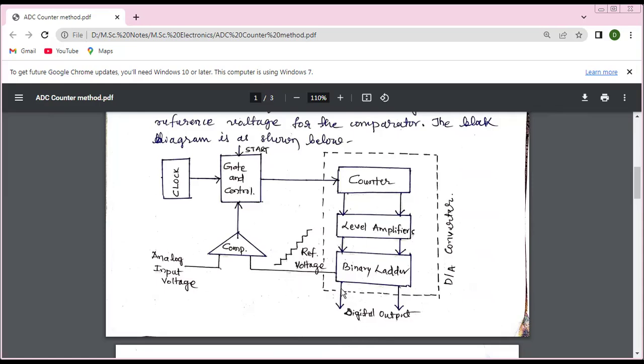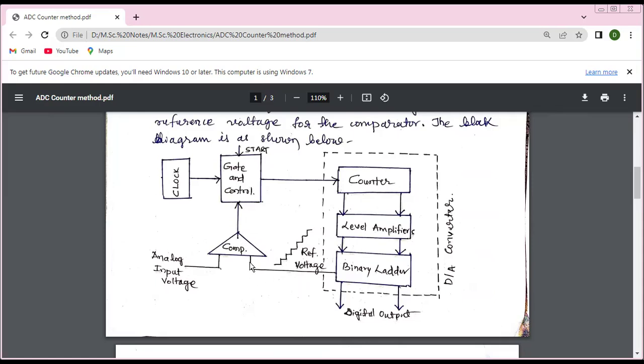and the output will not appear here. The digital output will not appear here until this reference voltage becomes equal to the analog input voltage. So as I told, this is the 1 volt, and just as you switch on the circuit, 1 volt is here, 0 volt is here. So output is produced, and it comes like this.